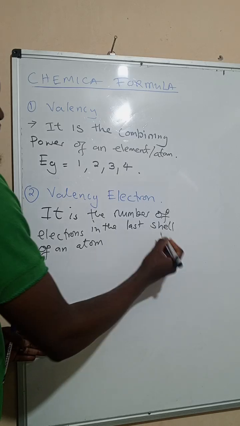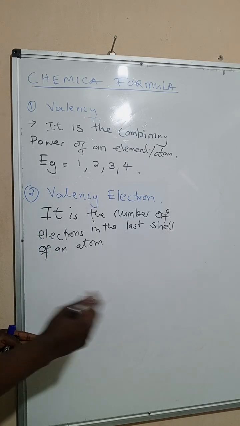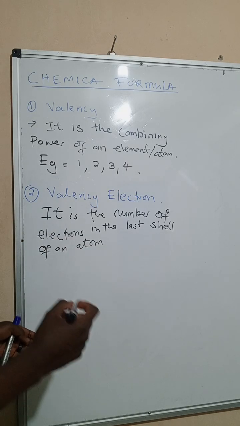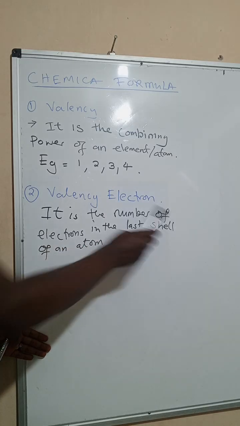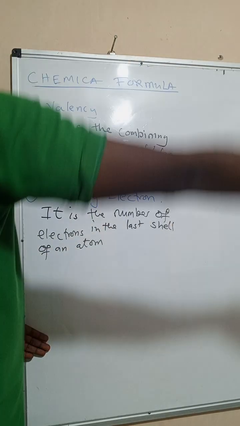When I say last shell, I mean the outermost shell. It's the number of electrons in the last shell, or the outermost shell.